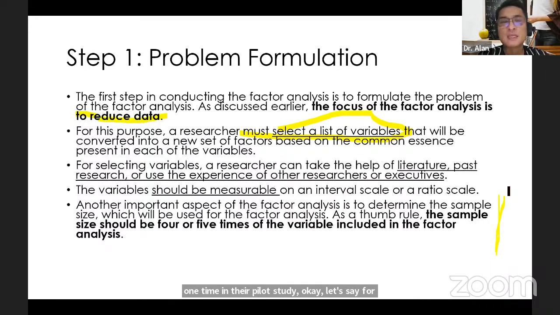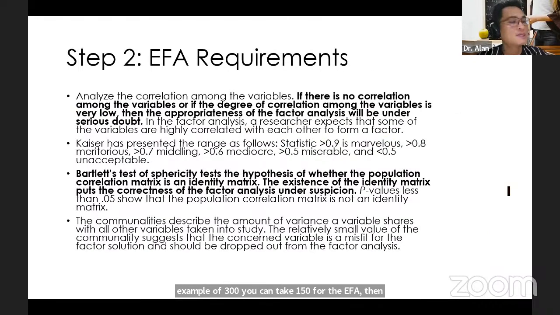For the factor analysis purpose, because your scale involves a lot of different constructs and variables, you think of these 4 or 5 times the variables included, and then from the group of samples you collected, you can divide it into 2 different groups. Let's say, for example, out of 300, you can take 150 for the EFA, then another 150 for your CFA.